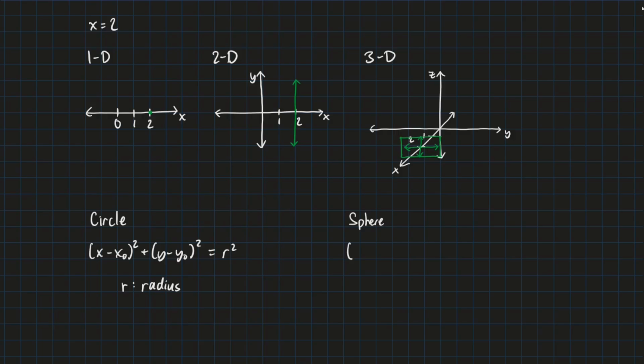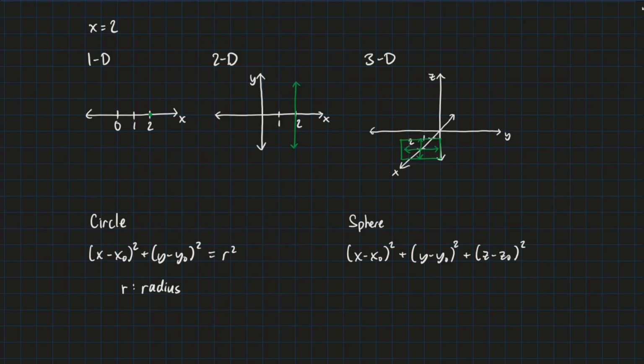This is going to be x minus x naught squared plus y minus y naught squared plus z minus z naught squared. And again, r is the radius, and x naught, y naught, z naught are the coordinates to the center of the sphere.